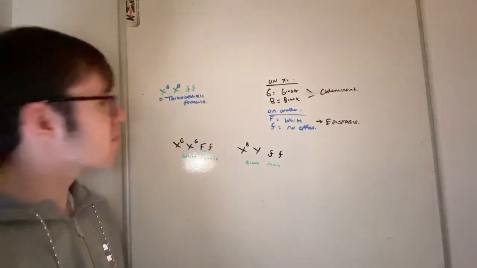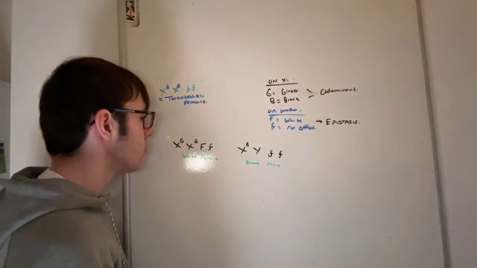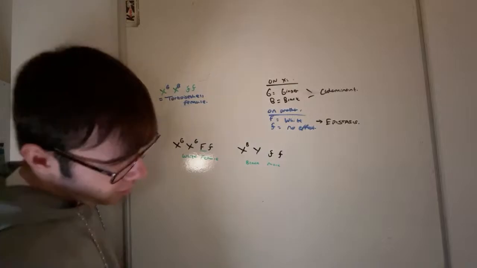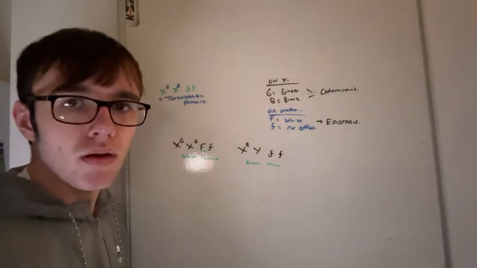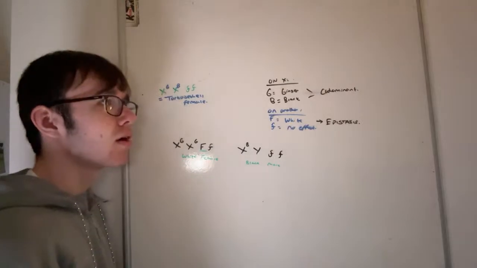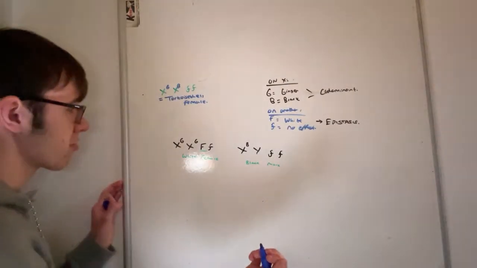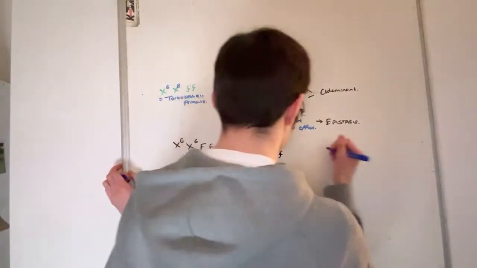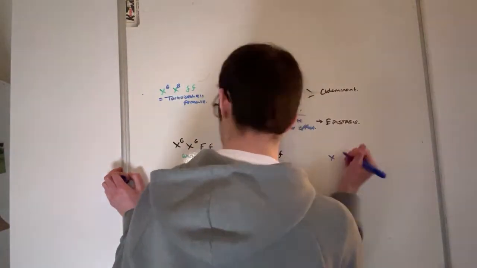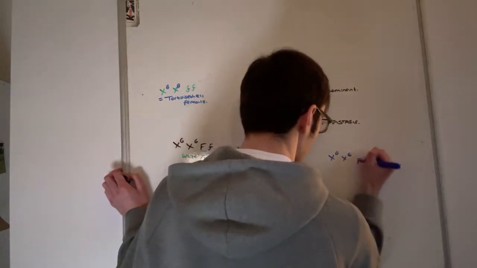Would this be... Wait, no, hold on, I'm overthinking this so badly. This is literally a dihybrid square. Oh, okay. Well, we can easily do this. Why was I overthinking that? That's easy. Hold on. So that would be XG, XG, FF.